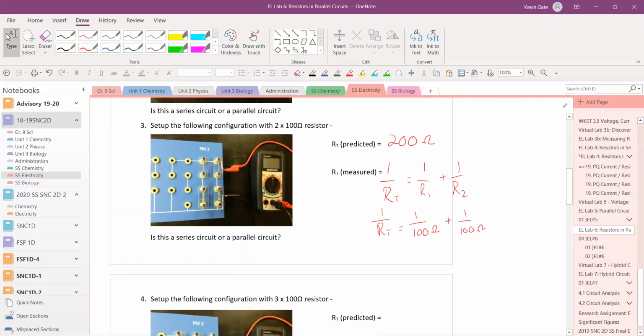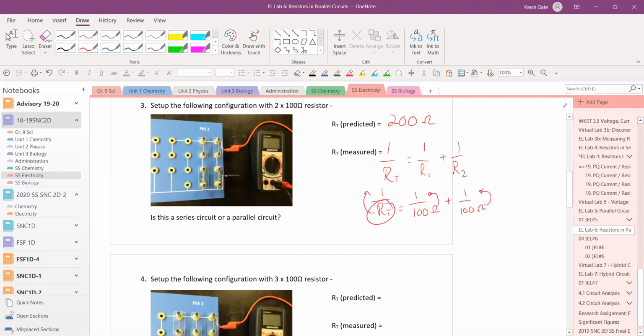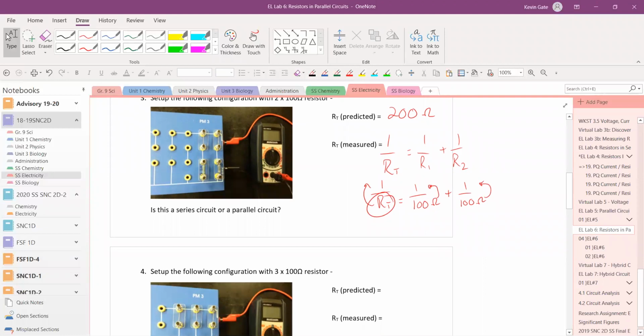Employing some basic algebra, we know that we want to invert these numbers because we're looking to solve for RT. So to do that, we can multiply both sides across, and we end up with RT equals 100 over 2.